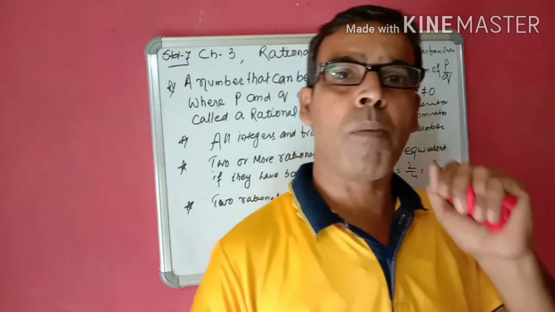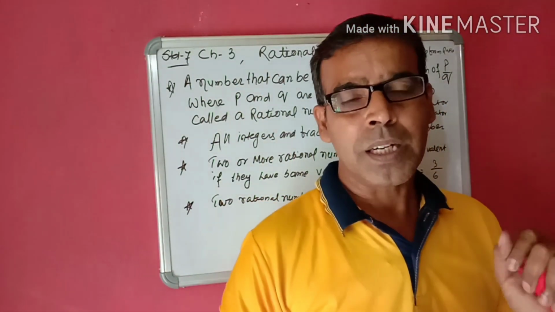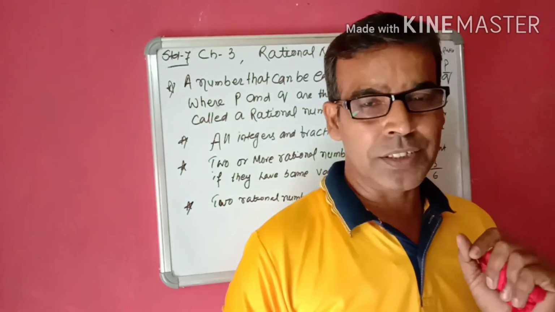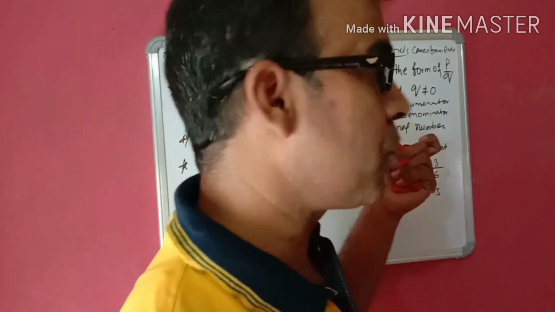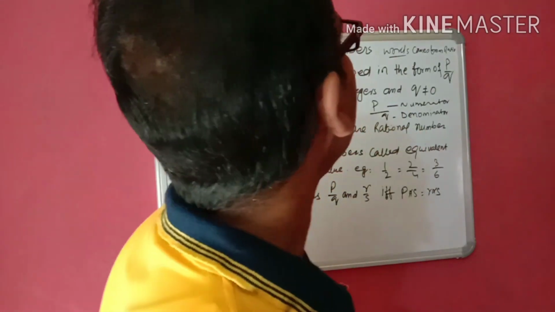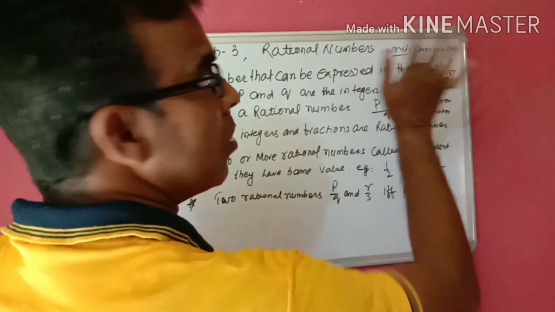A number that can be expressed in the form of p by q, where p and q are integers and q is not equal to 0. A few statements I have written here, you have to see. The word rational has come from ratio.